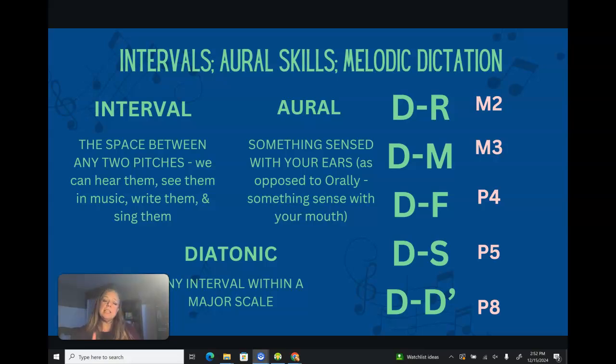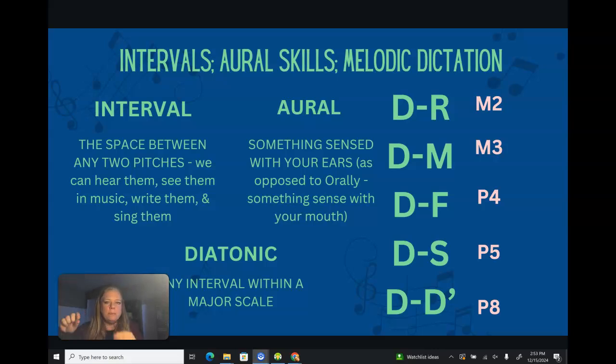Now, the last interval we're going to work on is do to high do. You'll notice that it's a high do because it looks like it has an apostrophe for that second do. That's how you can tell anything that's not in the original scale, from do all the way up to where it repeats, has to have some marking so we can tell where it is.